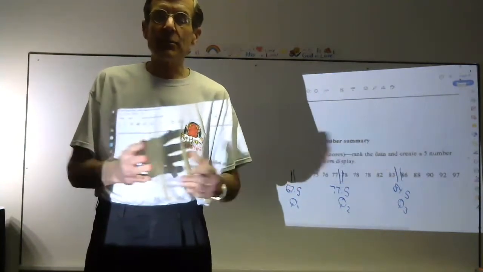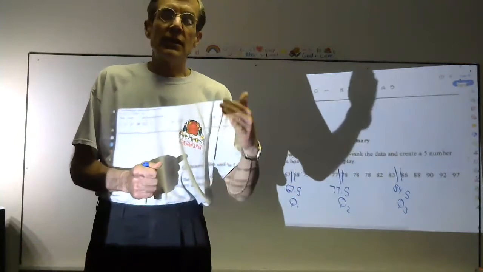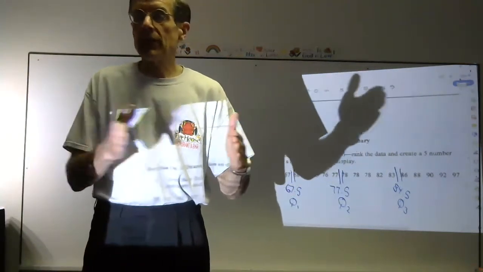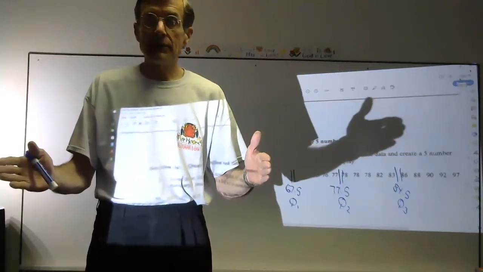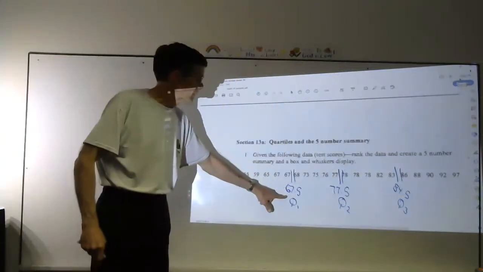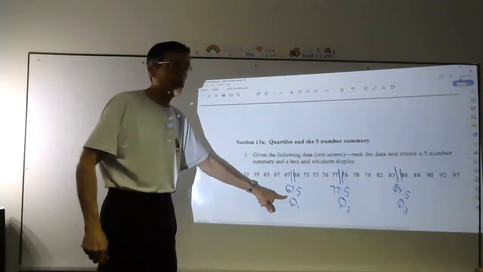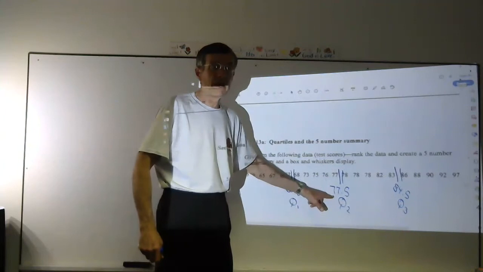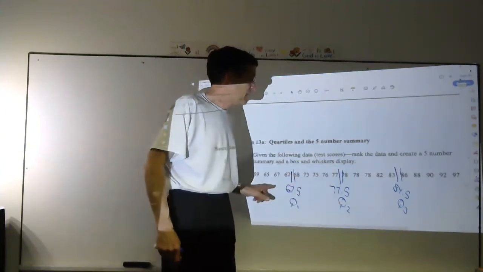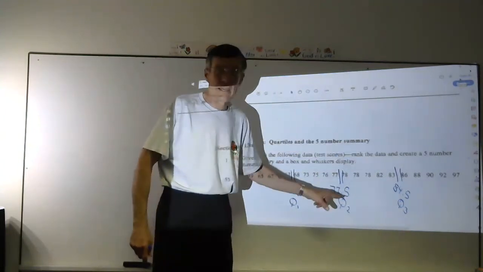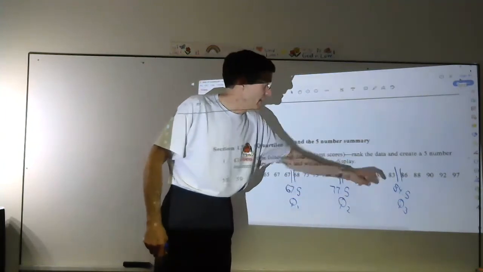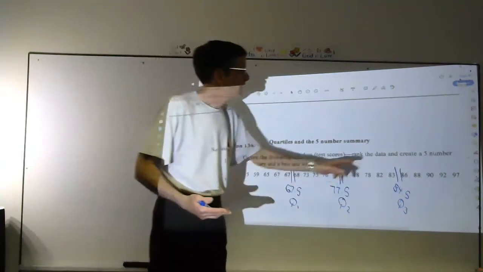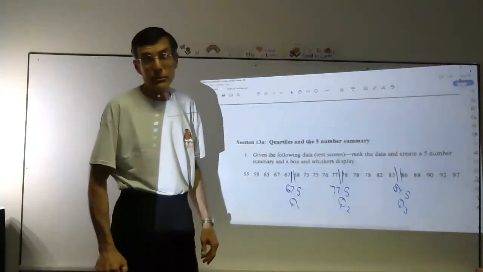The 92nd percentile is that particular data that is larger than 92% of the data. 67.5 is larger than 25% of the data. 77.5 is larger than half of the data or smaller than half of the data. 84.5 is larger than 75% of the data or smaller than 25%.